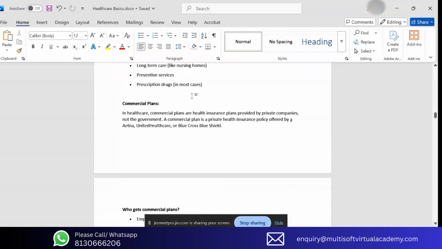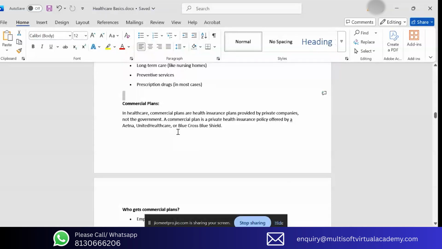Now commercial plans. When you say commercial plans, these are pre-built plans from private companies, not related to government. When you say private, the premium will be more compared to the government plans, and the coverage and services offered will also be more.